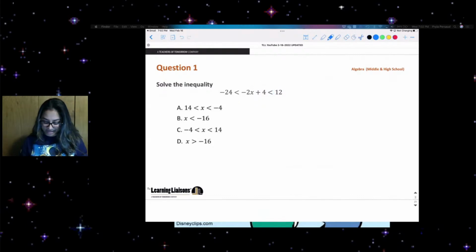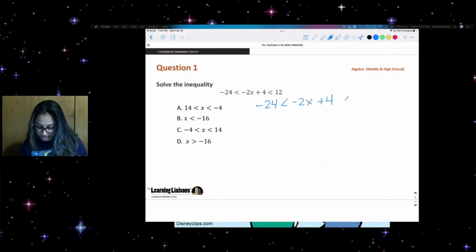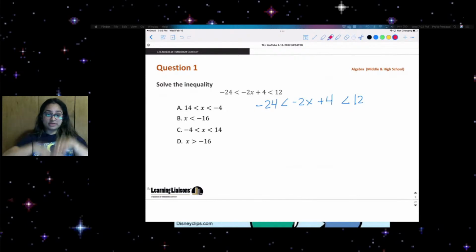Let's go ahead. I'm going to rewrite the problem so I can start manipulating it. Negative 24 is less than negative 2x plus 4 is less than 12. What did I say? Whatever you do to the middle, it goes to both sides.